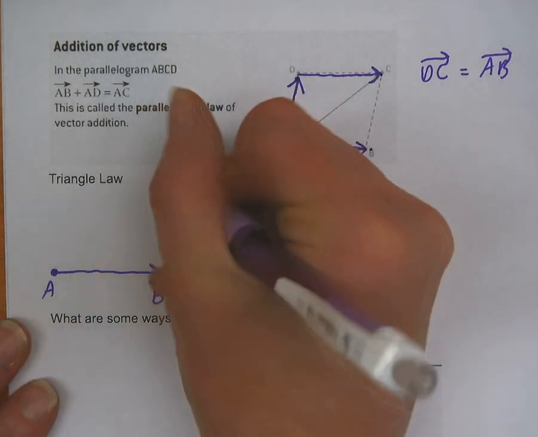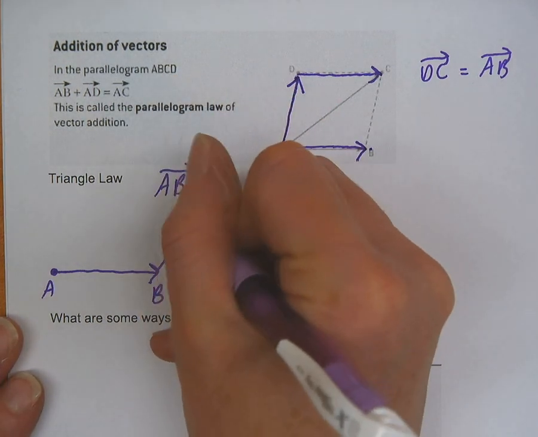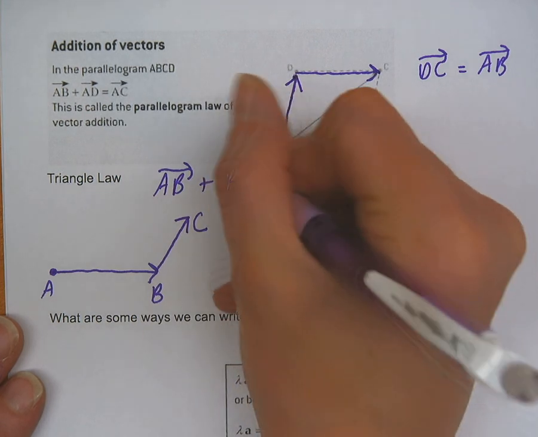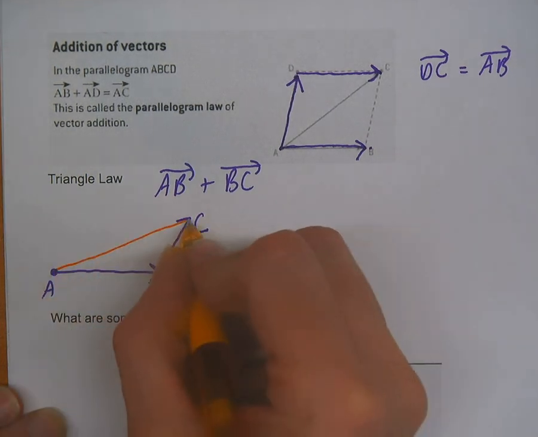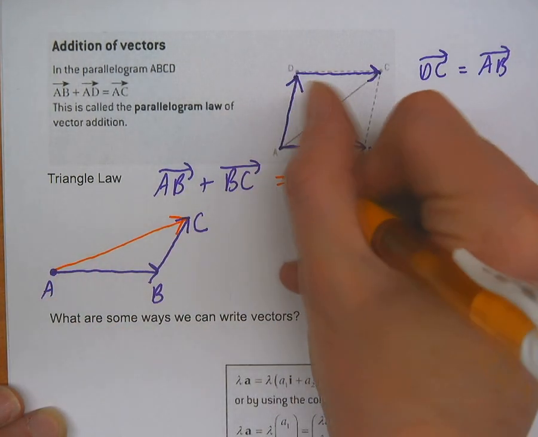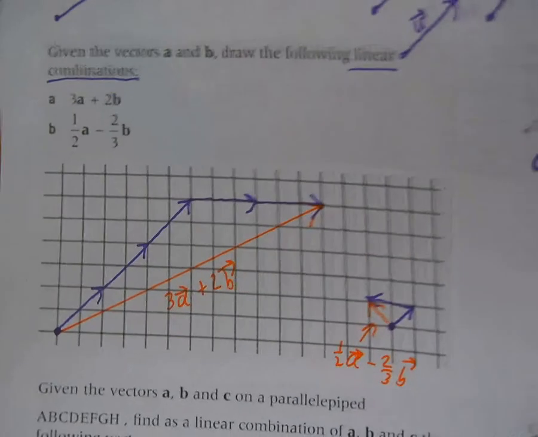So let's say I wanted to add vector AB, and I had another vector BC, and that vector looked like that. And let's say that I added those together, vector AB plus vector BC. That will result always in vector AC. We actually used that when we did the examples on the front page, right there.